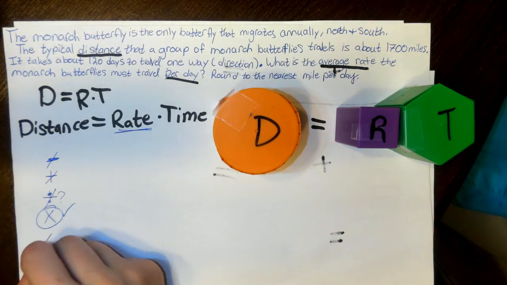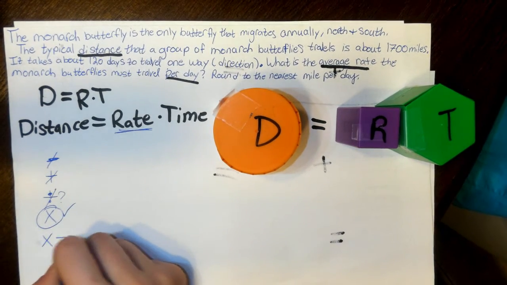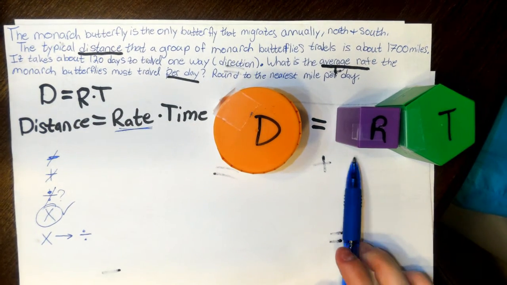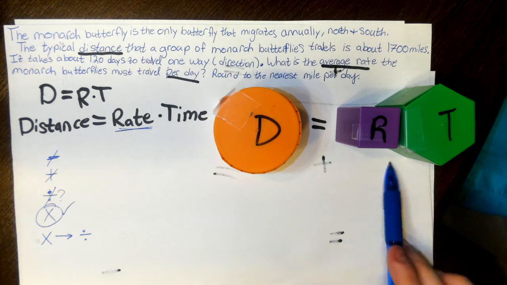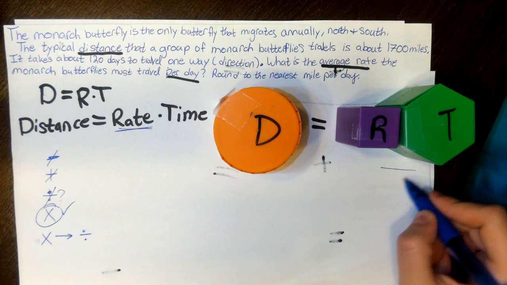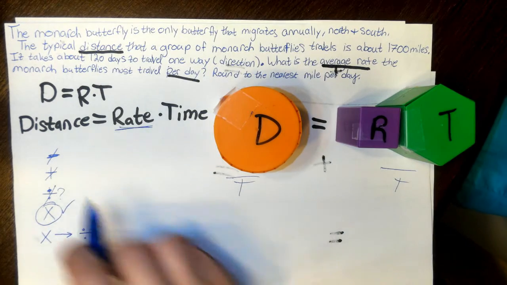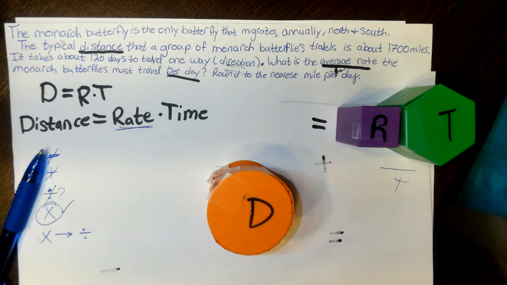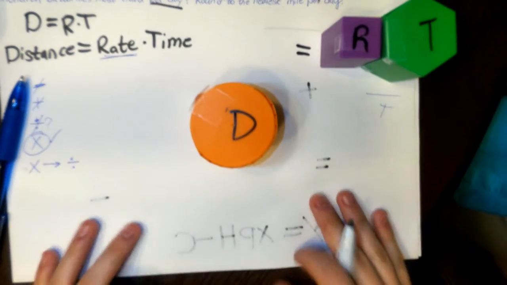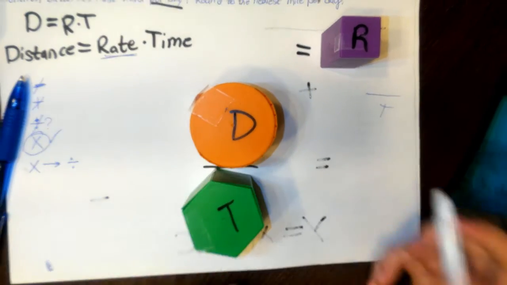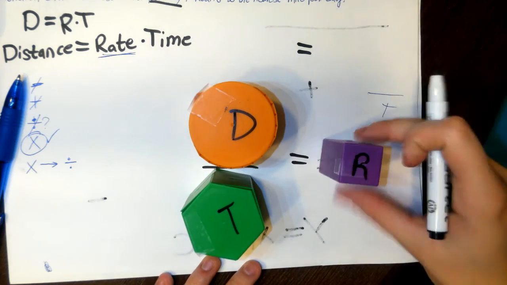What's the opposite of multiplication? It's division. So we're going to divide by T to get T to the other side. So we divide by T, divide by T. So we'll have D divided by T is equal to R.